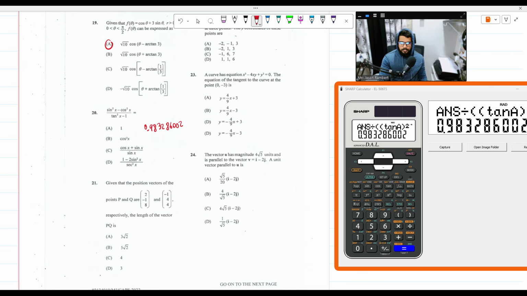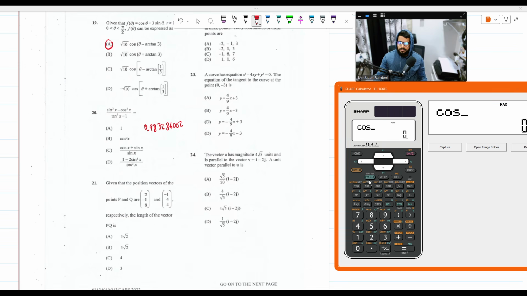Where's cos squared A? Cos A squared 0.98362, yeah, cos squared x.